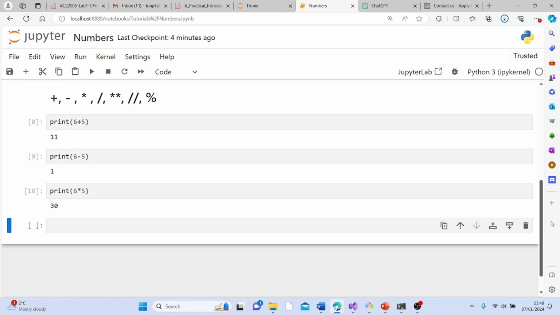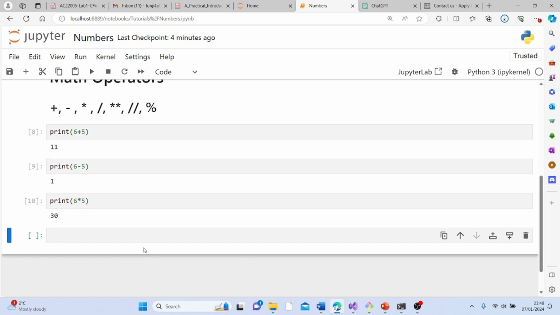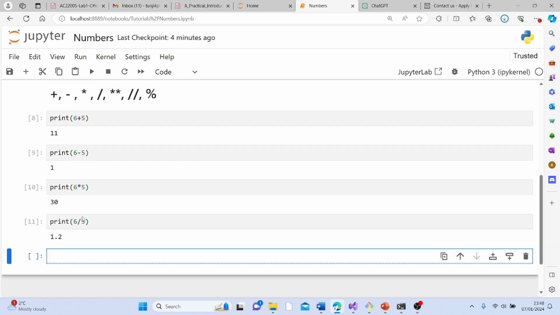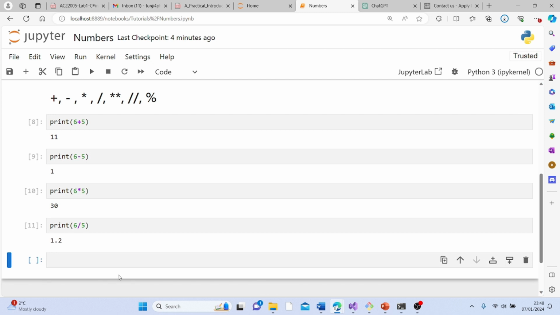These are the basic ones that you are used to, and also the division operator. If you have 6 divided by 5, it should give you 1.2. So this is the division operator which you have been used to.